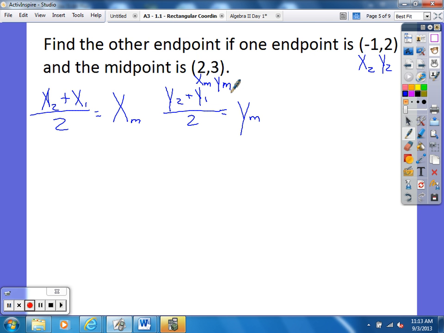I labeled this x2, and I labeled this xm, so what am I missing out of this formula? x1. We're going to plug in our numbers and solve the formula. So x2 is negative 1 plus x1 over 2 equals 2. What's underneath that 2?